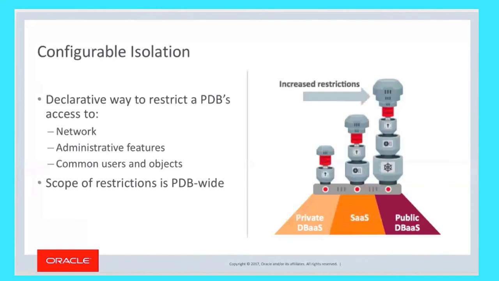Let me just give you some background on the application containers first. Application containers is a new concept that we introduced in 12.2, basically to make application management easier. Let's say you have a restaurant with several branches that share the same restaurant application with the same schema, but they obviously have different data, different customers, different employees.